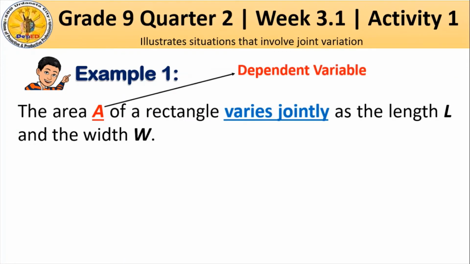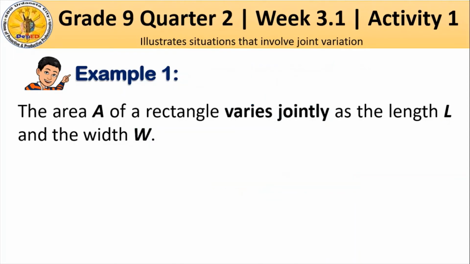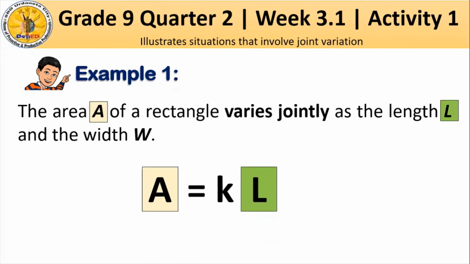On the other hand, variables L and W are considered as independent variables. So, we could translate this situation as A is equal to K, L, W. Always remember that K is the constant of variation, meaning it is always present in our variation equation.